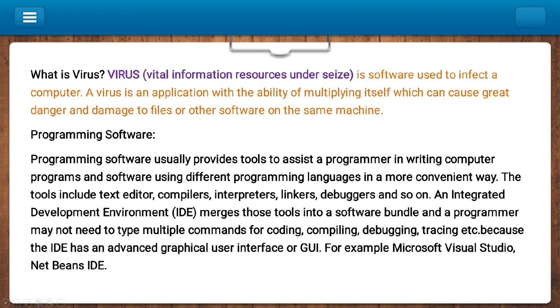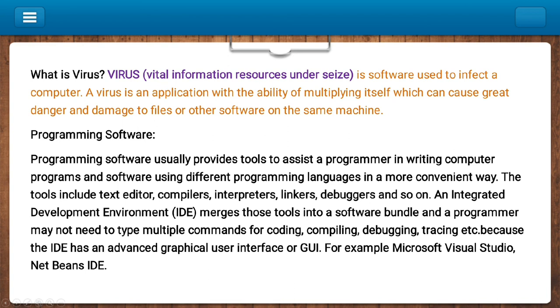Similarly, with a GUI, that is graphical user interface, there are different text editors like Notepad. So the tools include text editors, compilers, interpreters, linkers, debuggers, and so on. This programming software is a complete package. It includes the text editor.